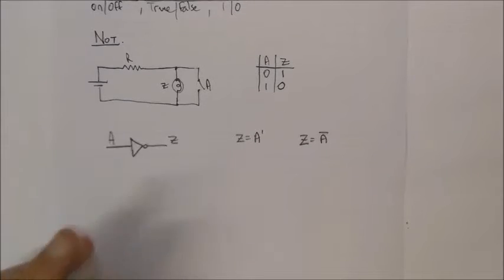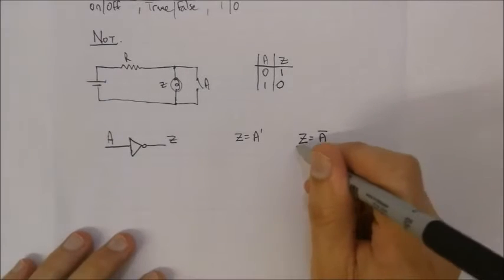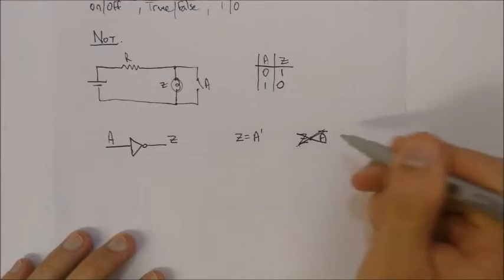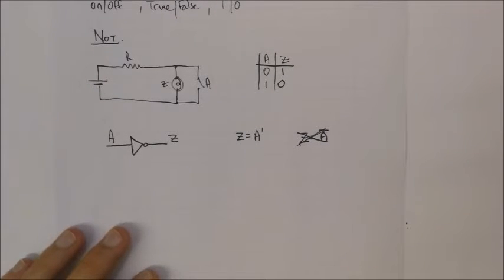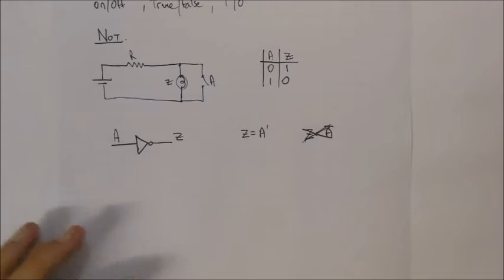The reason being is that especially if you've got large expressions and you've got a whole bunch of expressions that are NOTs, you end up having this lengthy expression with a whole bunch of bars on top of it or lines above it, which just becomes really messy and difficult to follow. And there's also chances of making errors. So my advice is don't use this type of notation, use this notation rather. It's easier to do. It's also less ink that you use.